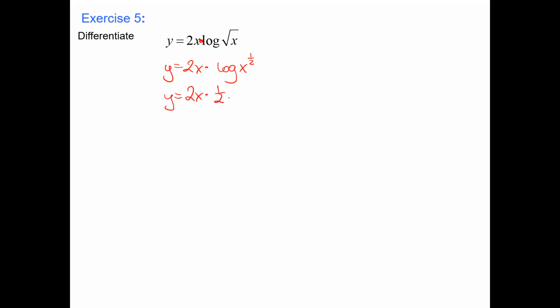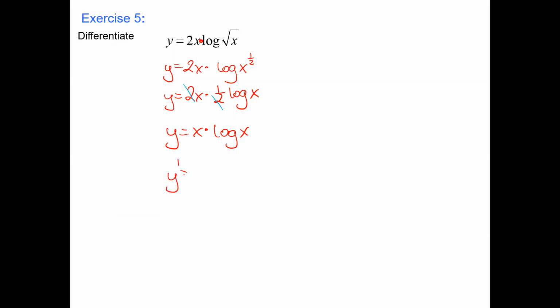We can place that 1/2 in front of the logarithmic function. And not even mentioning, I can simplify this, 1/2 times 2. We have x log x times, of course, I'm just stressing that dot because we can't afford to miss the product rule. Okay, but please notice the simplification.